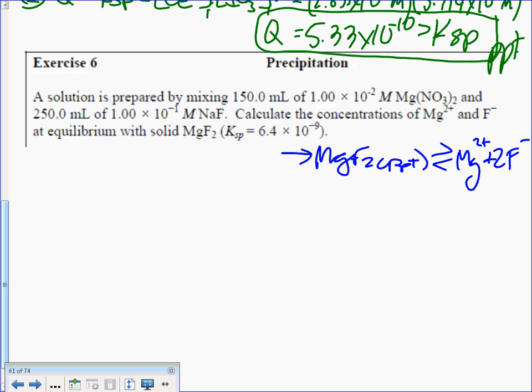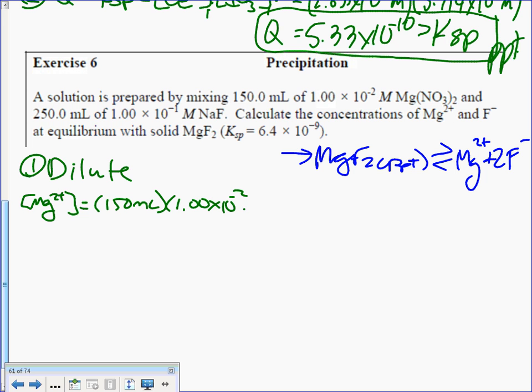Okay, so the dilutions. Tell me my process, and I'll tell you guys the numbers next. Magnesium, it's 150 milliliters times 0.025. So this is M times V for the magnesium nitrate divided by the total volume of 250 plus 150, so total volume is 400.